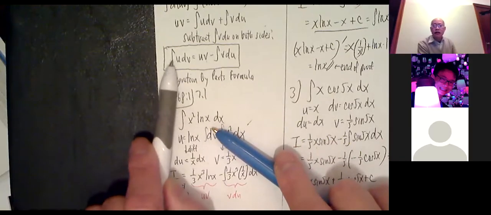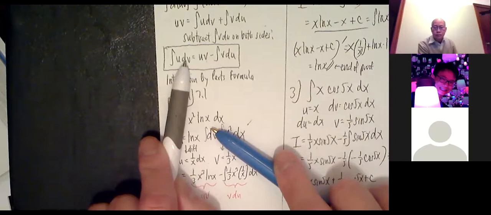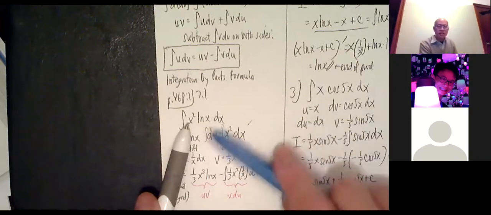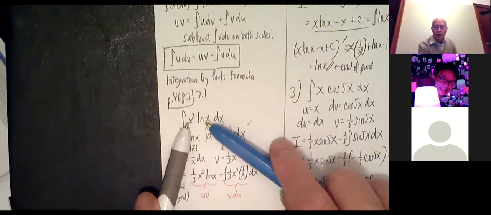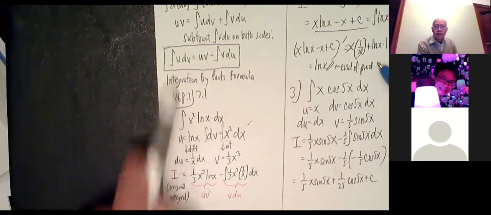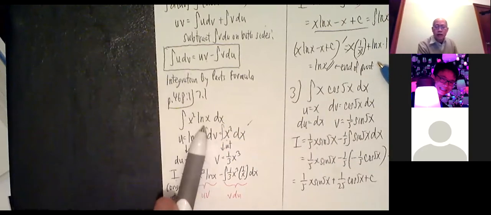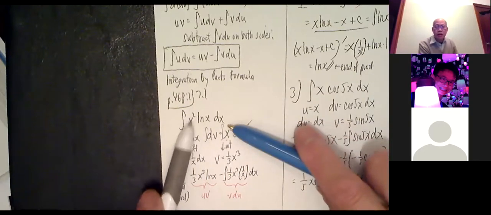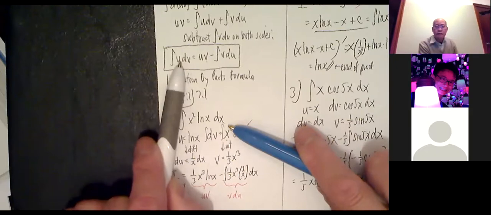So now it does look like u dv. Yes, you may say, how do you know to let that be u? How do you know that's not u and that's dv? Correct, we don't know yet. You'll learn later from some experience. So I'm going to try to transform this into this. If I let u be that, dv be these two guys combined, I've got it to look like that.